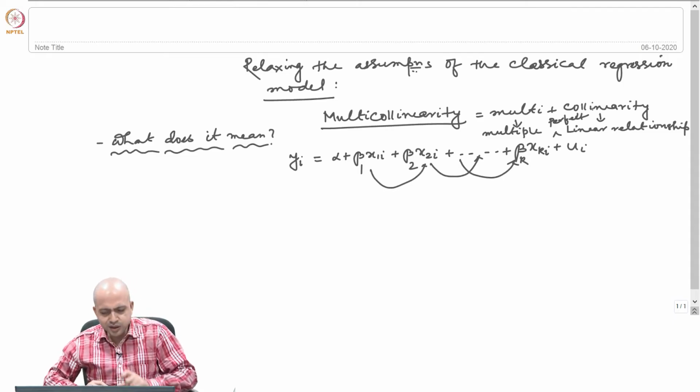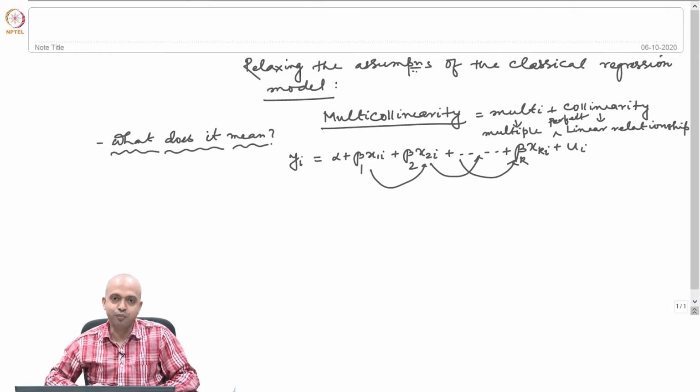So literally, multicollinearity means multiple perfect linear relationships, but when we estimate a model, even one such perfect linear relationship also indicates the presence of multicollinearity. That is all.